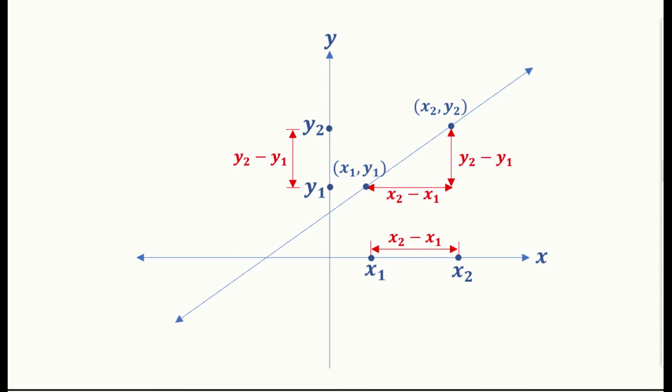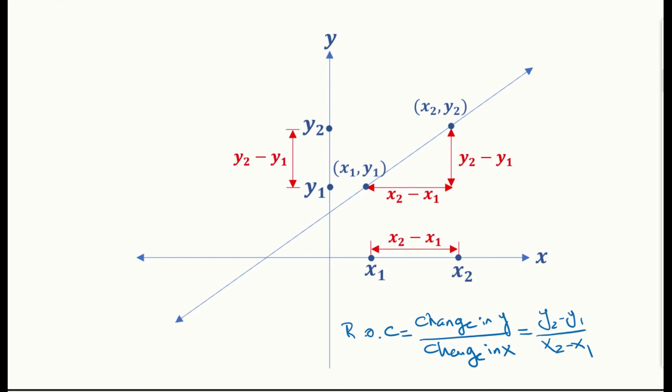So we write the rate of change is equal to change in y over change in x, which is y2 minus y1 over x2 minus x1.